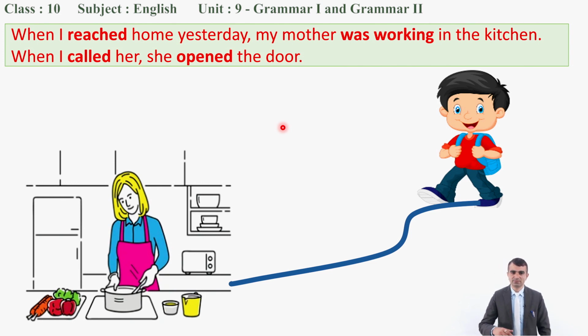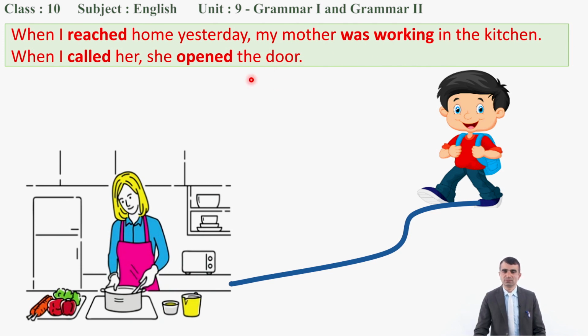Read it: When I reached home yesterday, my mother was working in the kitchen. He is talking about yesterday. Now here, what is the event?